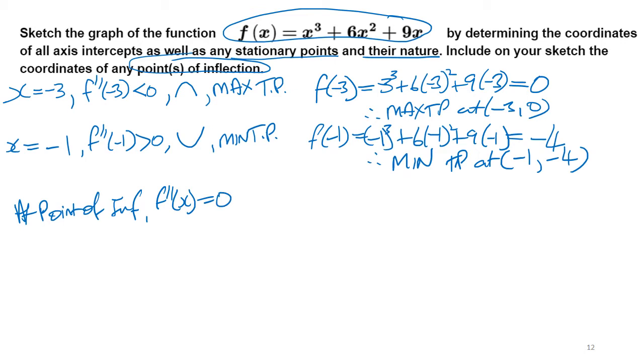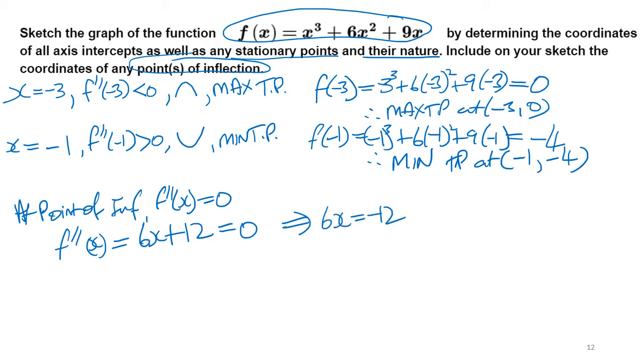Alright, so the second derivative, we have worked it out to be 6x plus 12. From the last page we have done that, and we're going to set it equal to 0. We solve for x. 6x equals negative 12, therefore x equals negative 2.